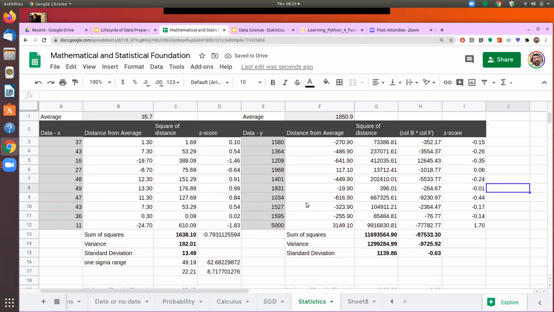Now, if I ask you whether you see a correlation between the two, and what we mean by correlation in layman's terms, we will say that if the value of x in data set 1 is higher, then y also moves in the same direction. For example, when it is 37, here the number is 1580. Now it increases from 37 to 43, but this one comes down. Now when it goes down further, here also we are seeing a tendency of going down further.